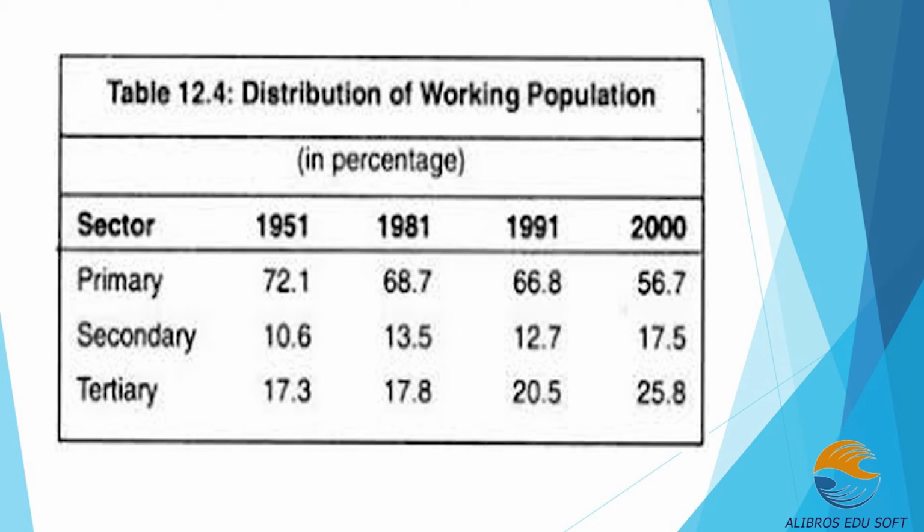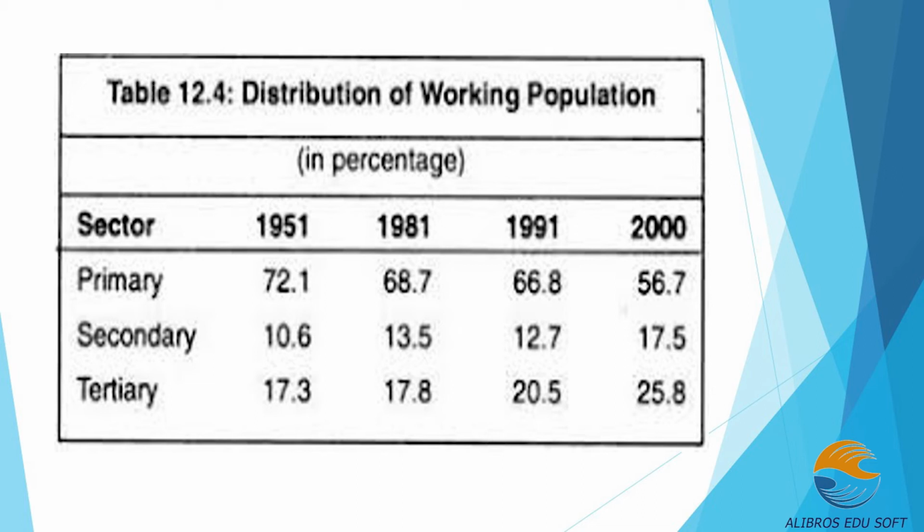But in the coming years, 1981, then 1991, and 2000, we can see a gradual decrease in the workforce depending on the primary or agricultural sector, which was 68.7 in 1981, 66.8 in 1991 and 56.7 in 2000 respectively.